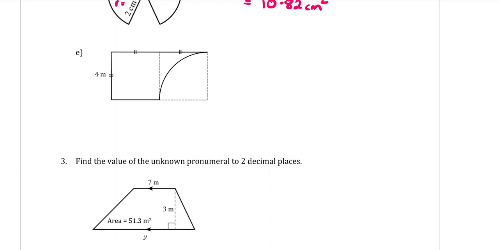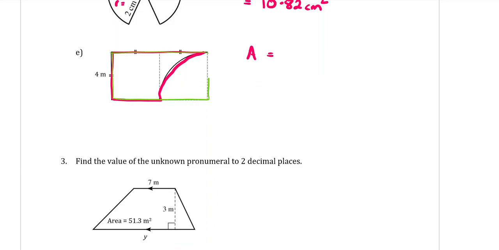Part E, we're trying to find the area of the part that has the solid line. So again, not the dotted part. That's kind of like a square with, well, it's really a rectangle with a quarter of a circle cut out of it. So we're going to combine two formulas here. I'm going to find the area of the big rectangle going around the outside, which would be this one I'm doing here in green.